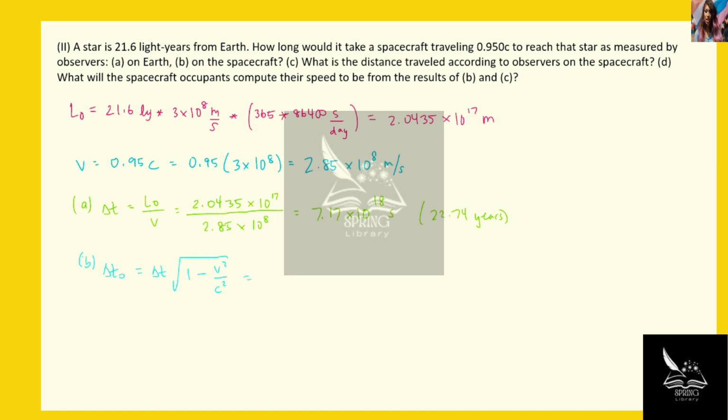In this case, I am going to write this as 0.95 c quantity squared divided by c squared, because now the c squareds cancel, and I get 7.17 times 10 to the 18th times the square root of 1 minus 0.95 squared. So you see how that simplifies and makes it a little bit easier to plug into the calculator. And I got 2.239 times 10 to the 8th seconds.